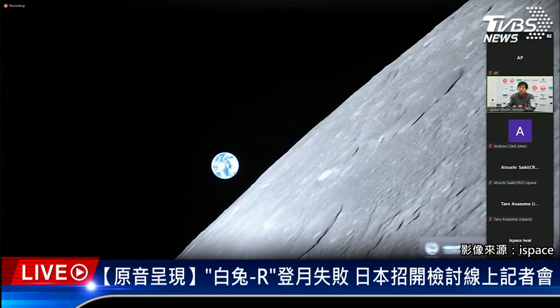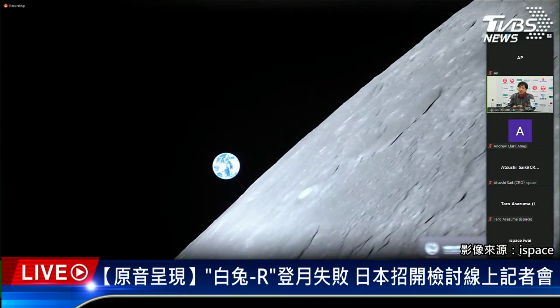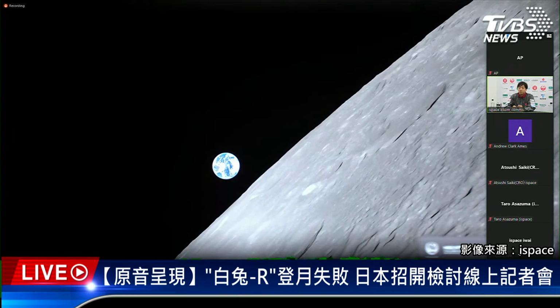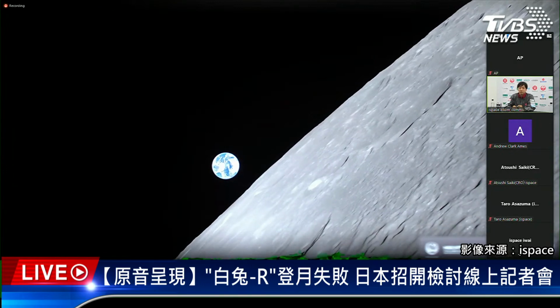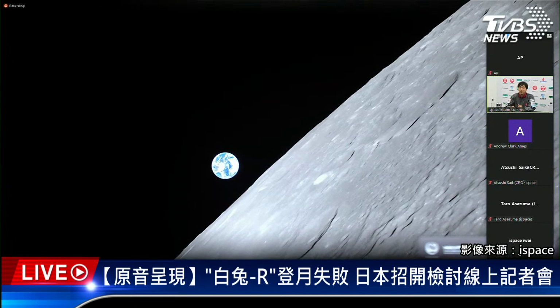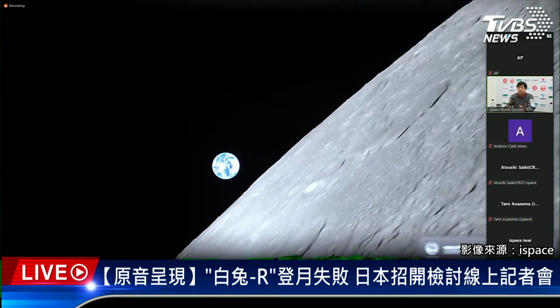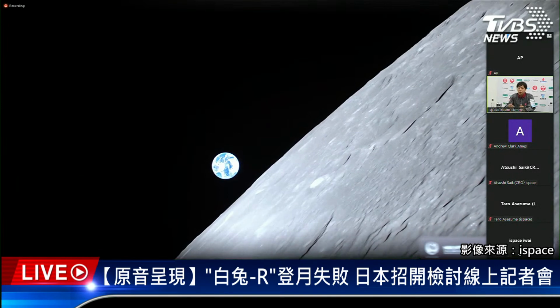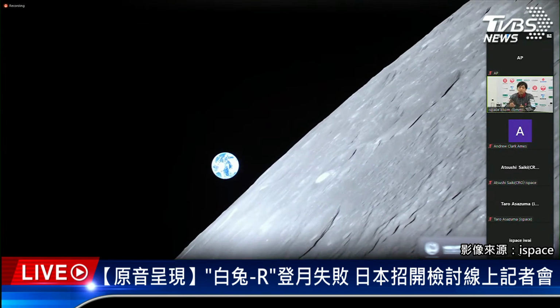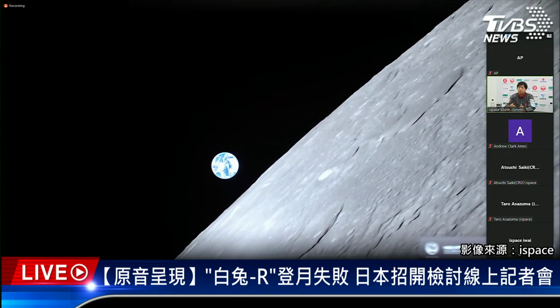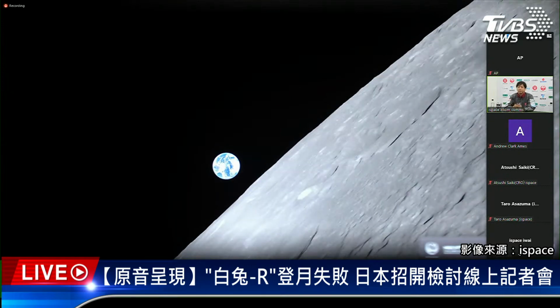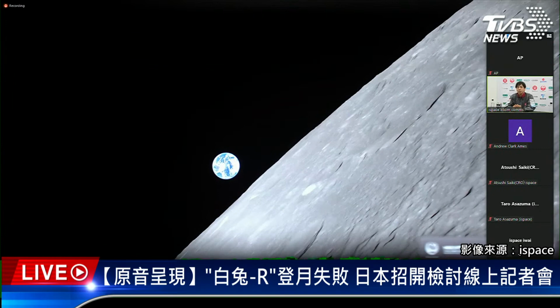I know a few government space agencies already took this type of movie or picture before. However, we, ispace, are a commercial company, and even a commercial company can realize this type of really impressive lunar movie. Please move on to the next slide.